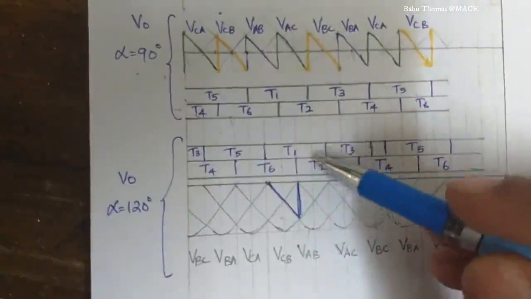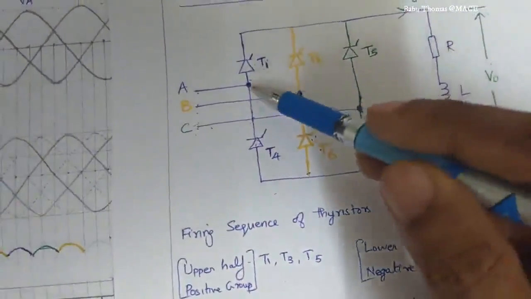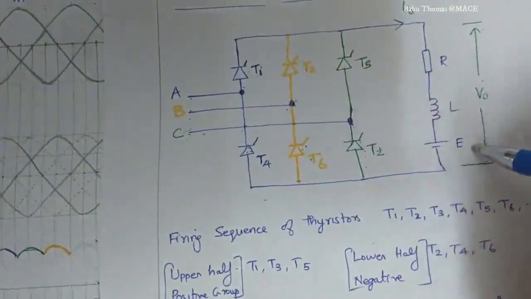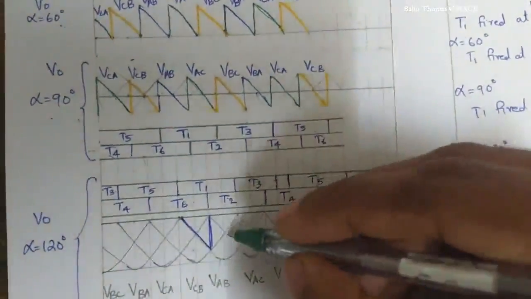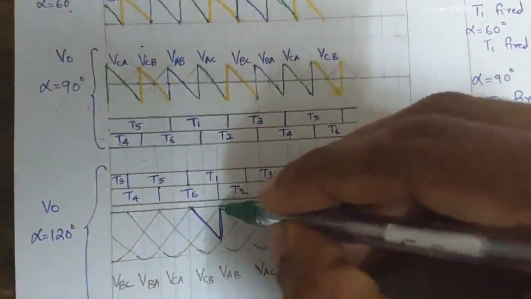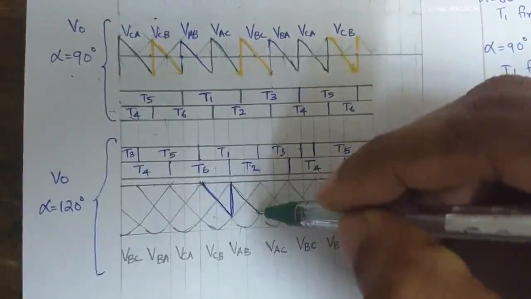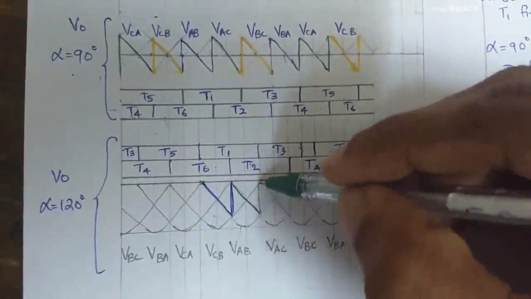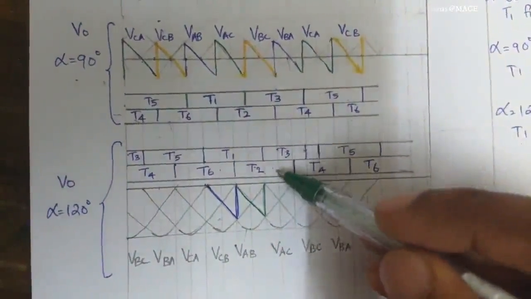So the next set, T1 and T2 are conducting. So the corresponding T1 and T2 voltage is VAC coming across the load RLE. So therefore VAC is nothing but this waveform. So I will plot like this. Next set is T2 and T3.